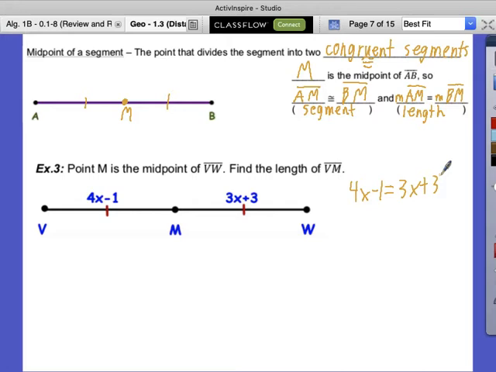Can we use our algebra skills to solve this equation? Bailey, what would you do first? We have a few different options. Would you subtract 4x, subtract 3x, add 1, or subtract 3?